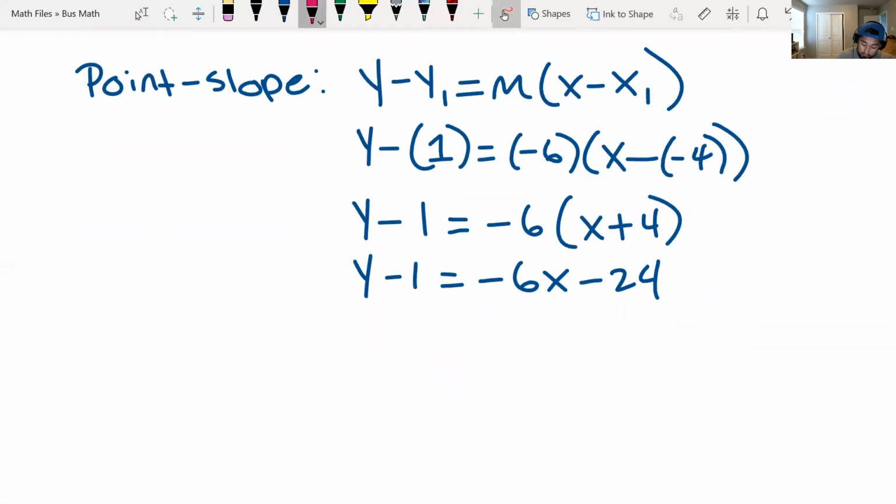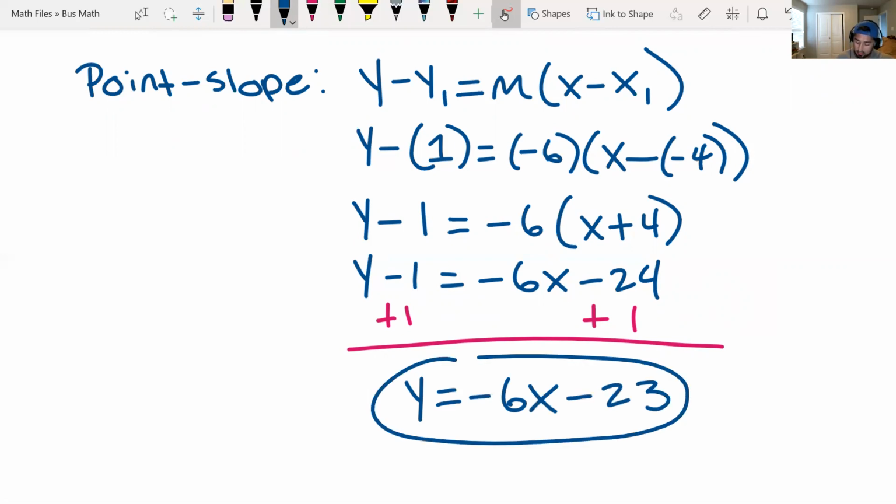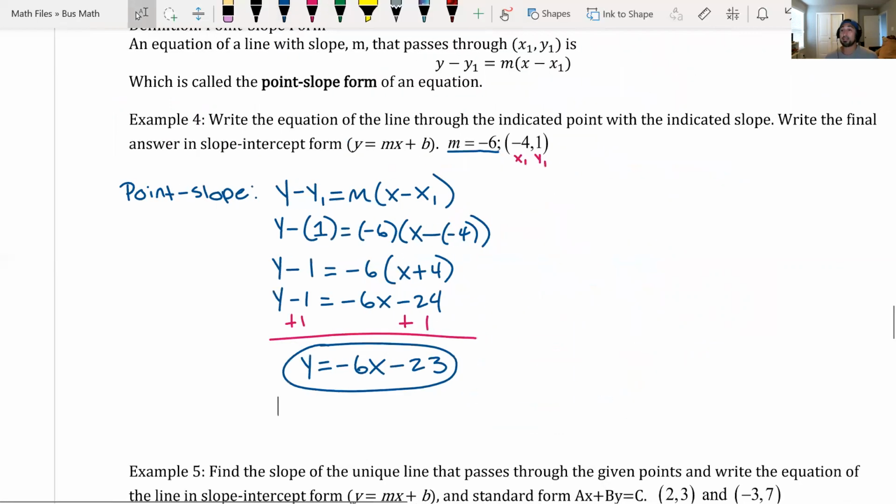Add the 1 over. And we will have y equals -6x minus 23. And that's it. We have just made an equation of the line by using a point and a slope. That is it. Not bad. Okay.